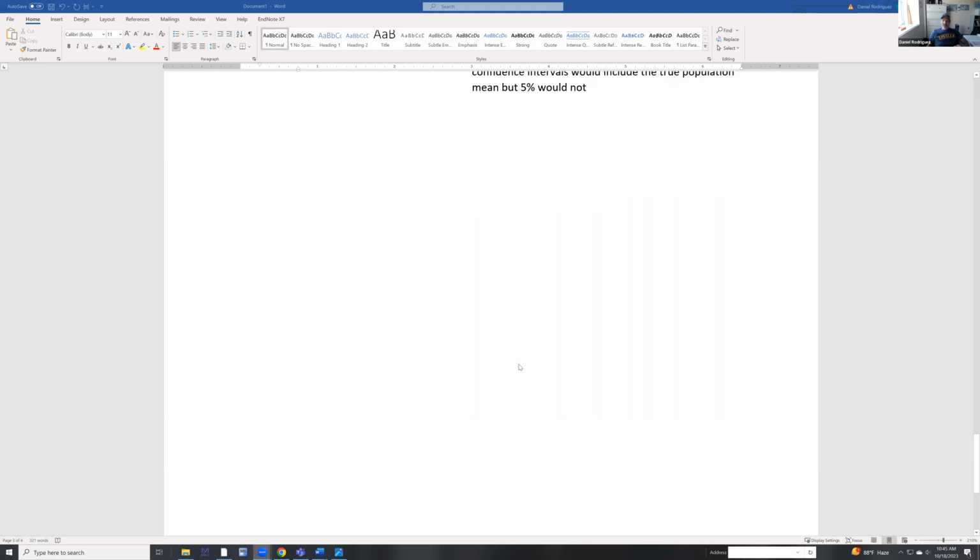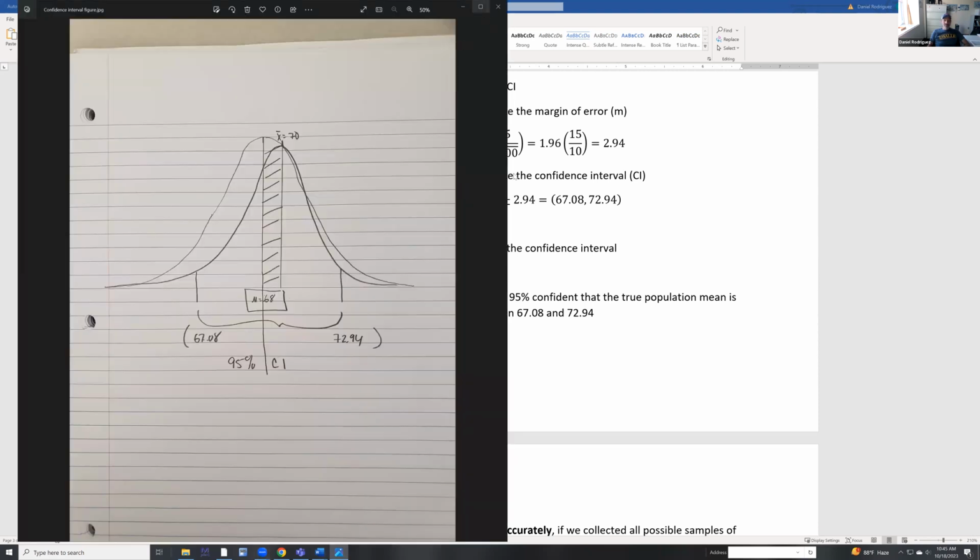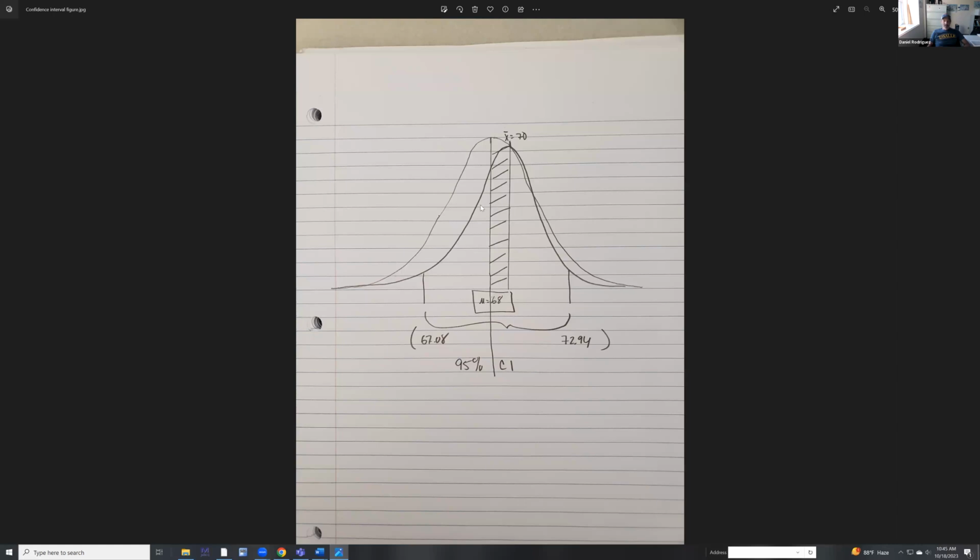By the way, that's an interpretation. An interesting question would be, here's a little picture of our confidence interval. So here's our true population, right? And here's our sample.